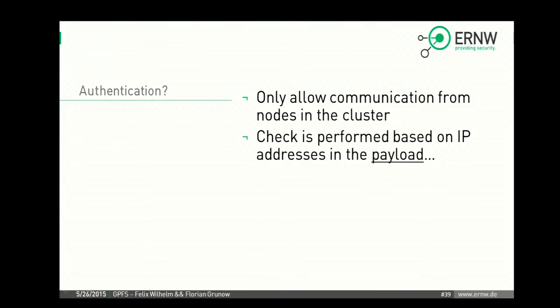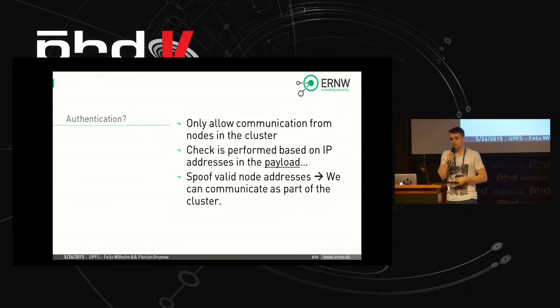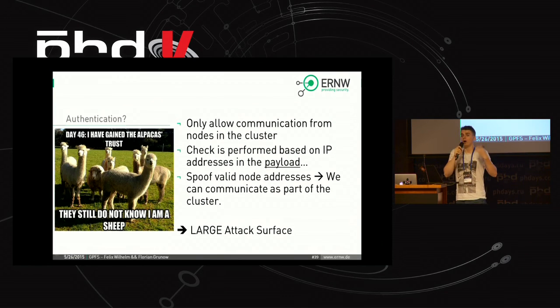And this check is performed based on the IP address, but not the IP address that's in the IP header, which would be pretty hard to spoof. Instead, it's performed on the IP address in the payload. So if we simply put a valid node address in the payload, then we can communicate as part of the cluster. Of course, this opens up an extremely large attack surface because it's a distributed file system.